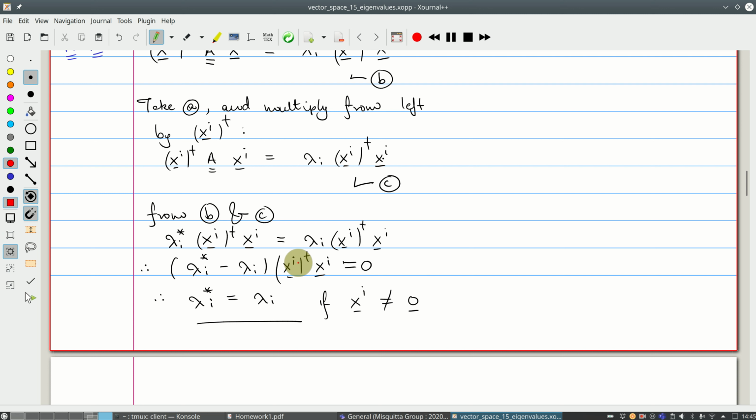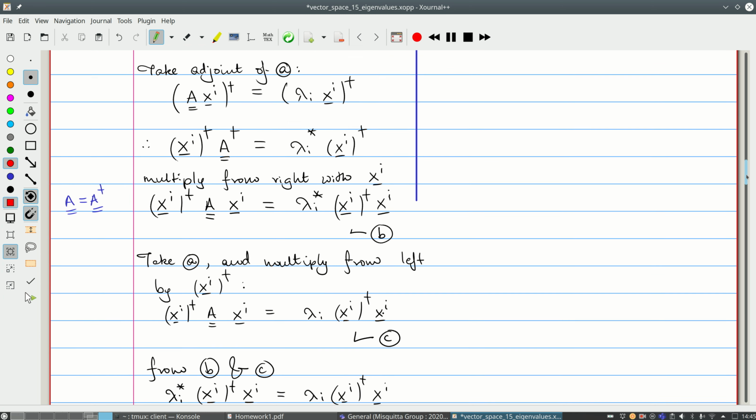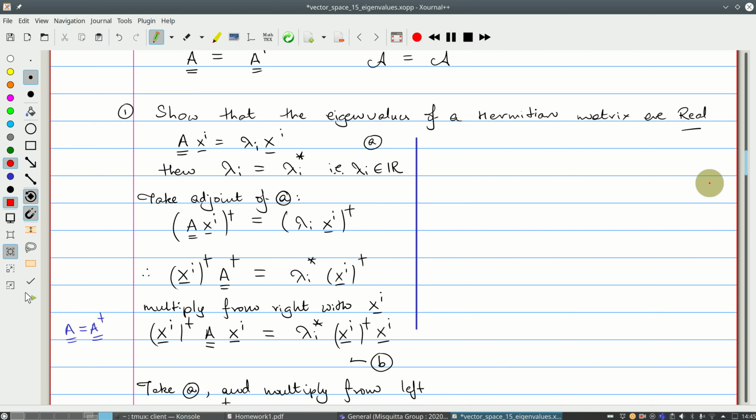This number will never be 0. It's the length of xi. Therefore we must have lambda I star is equal to lambda I, or in other words, lambda I is real.